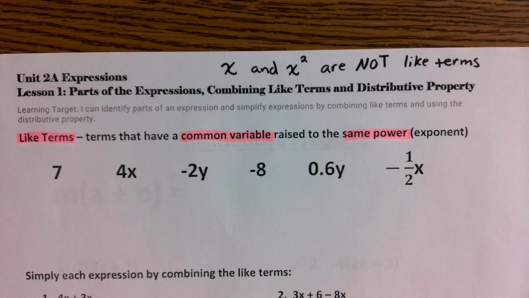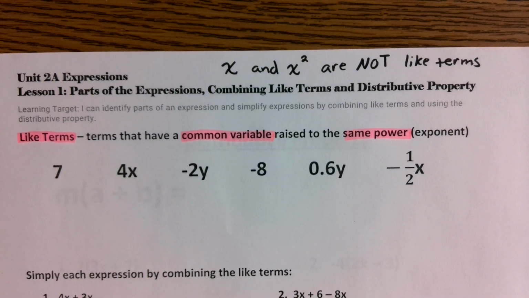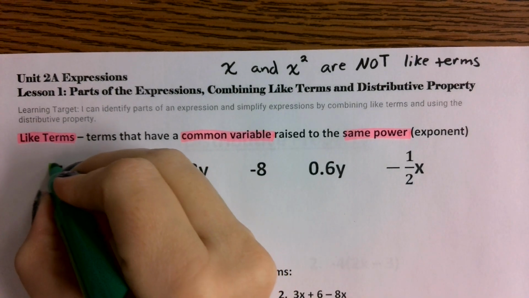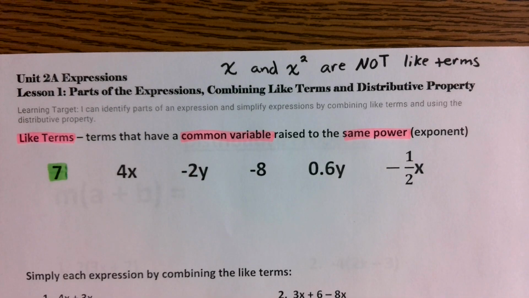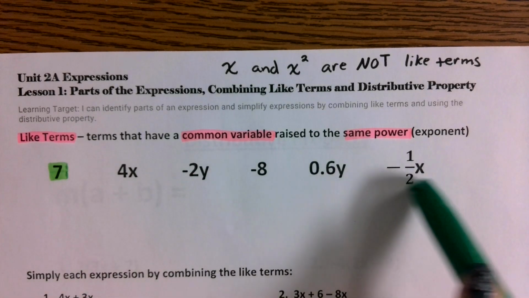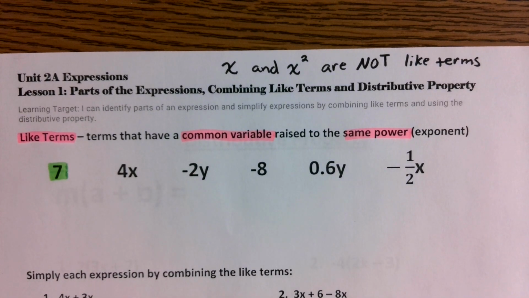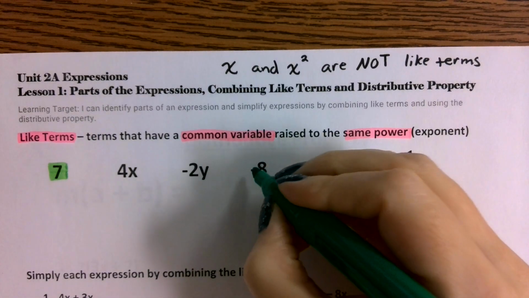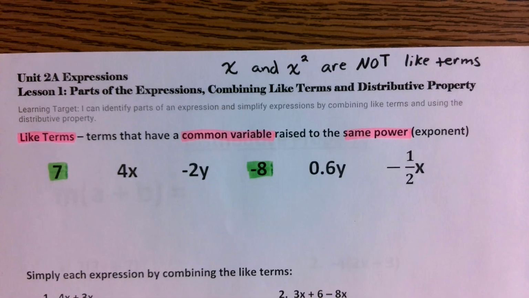So if we were to start with the number 7, who can tell me what value up here would also be considered a like term to the value 7? Logan? Negative 8. So 7 and negative 8 are considered to be like terms because they both are constants.